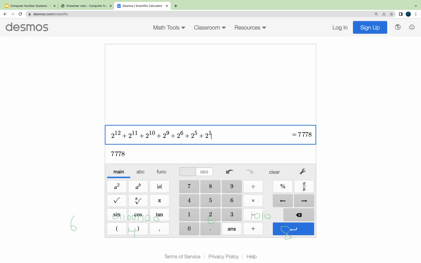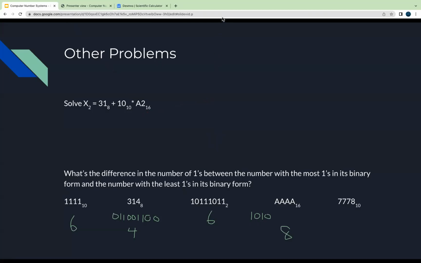And there we have it. This is 1, 2, 3, 4, 5, 6, 7 ones. So it's neither the max number of ones nor the minimum. So it's just there. And here we have our minimum 4, our maximum 8. We'll take the difference, and our answer will be 4.